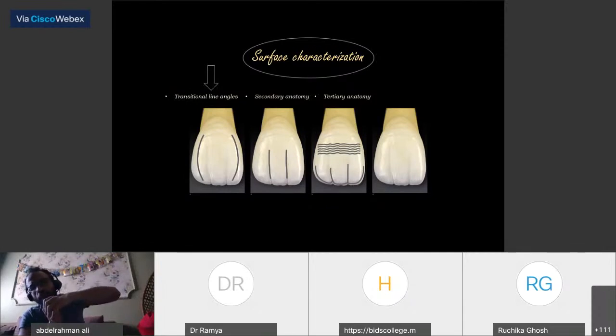Because if you didn't finish the size of the tooth and you do surface characterization, and then you realize that you have to reduce the volume because you have to change the plane, you will lose all the surface characterization. And you can do the analysis of this by taking photos so you know what you should do.